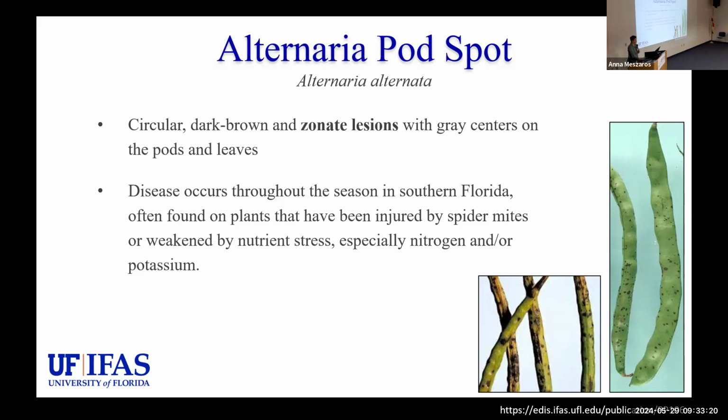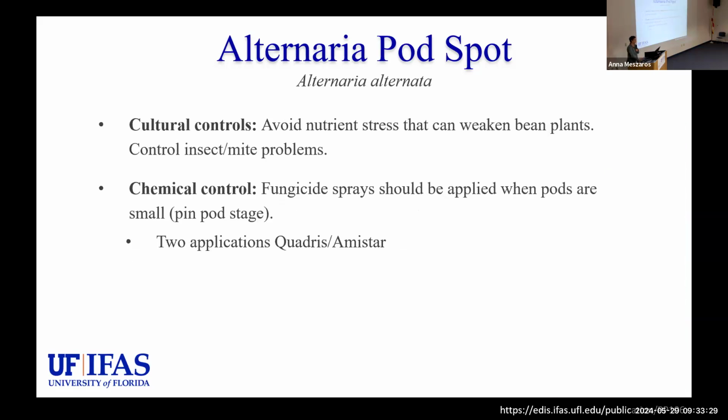So that's important to know, because if it's correlated with spider mites or nutrient stress, if you think about control strategies, you have to think about a good nutrient balance for those plants and also control mite infestations if you have, and that's very common on snap beans, right? And for chemical control, it's recommended to do two applications with Quadris.